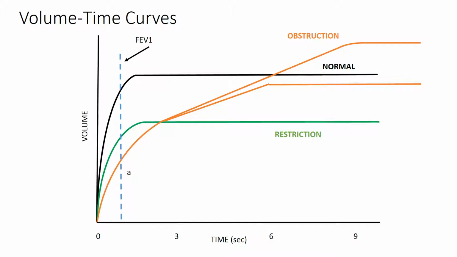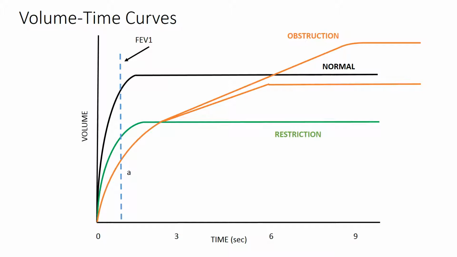This is the forced vital capacity that's reduced in these patients with restriction. And as a result of the forced vital capacity being reduced, the FEV1 for these patients is also measured as reduced. And so there is a corresponding reduction of both FEV1 and FVC in these patients with restriction.